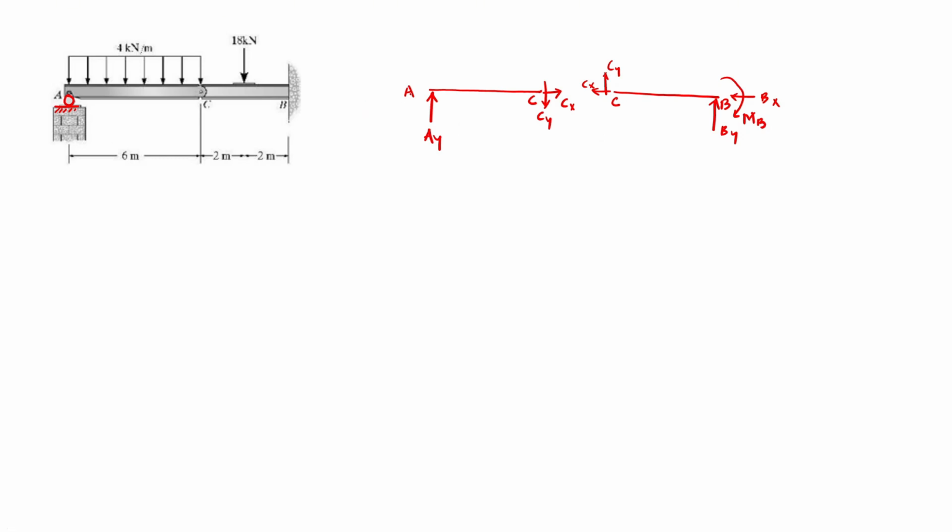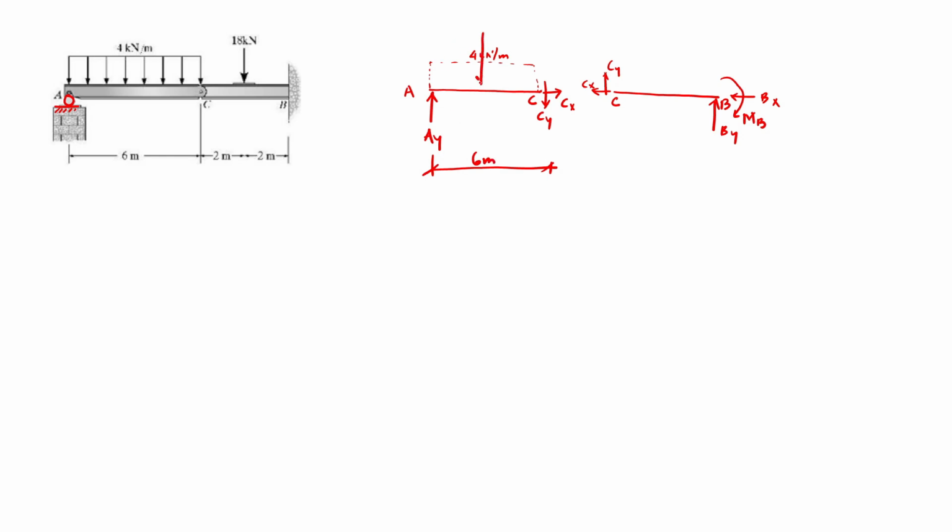Let's look at the external loads applied. In section AC there is a uniformly distributed load of 4 kilonewtons per meter that is spread over the length of 6 meters.